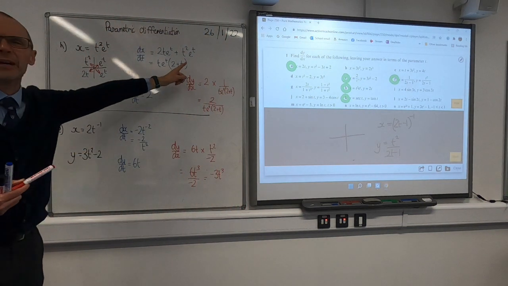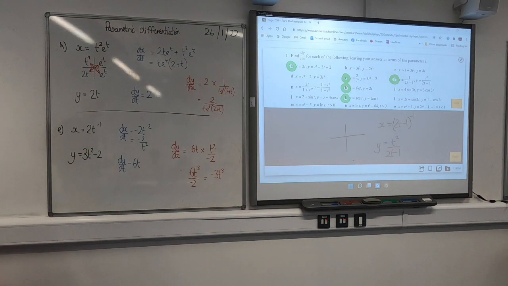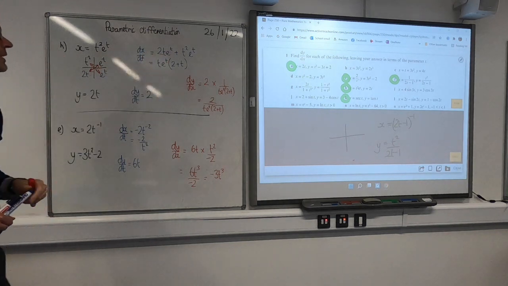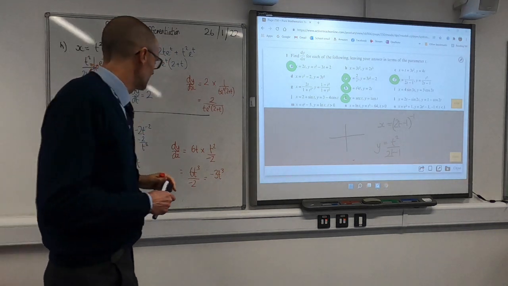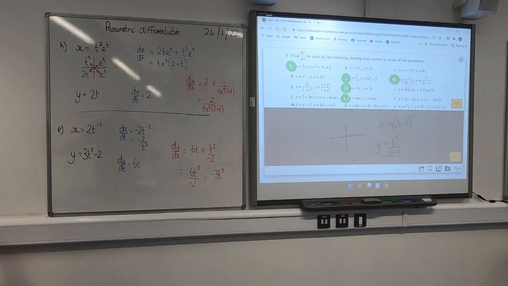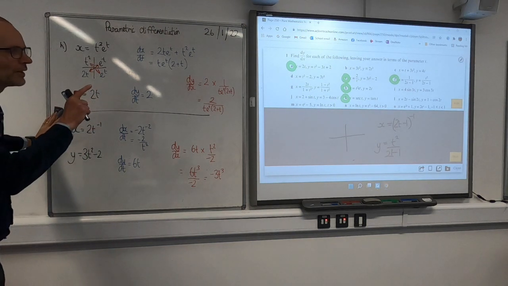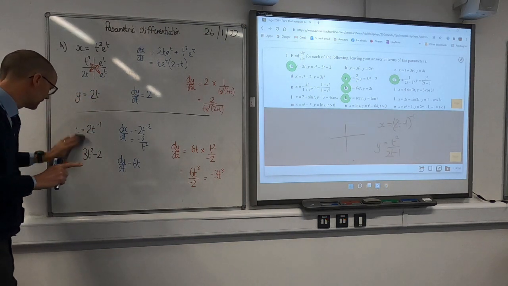So for example, you didn't have to factorise with that one, you could have just left it like that. But it looks a lot nicer like that. So F and then K are the other two to try.